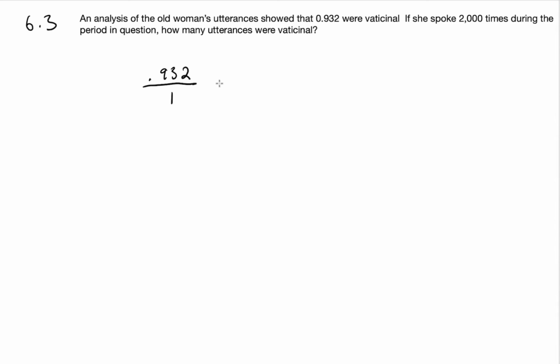Either way works. If she spoke a total of 2,000 times, how many were vaticinal? So we're looking for that 0.932 out of 2,000. Okay. So we just have to cross multiply. That's really all we have to do.